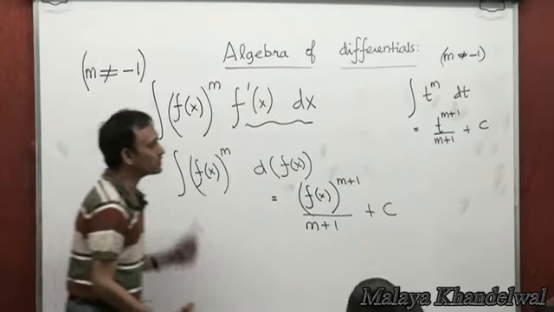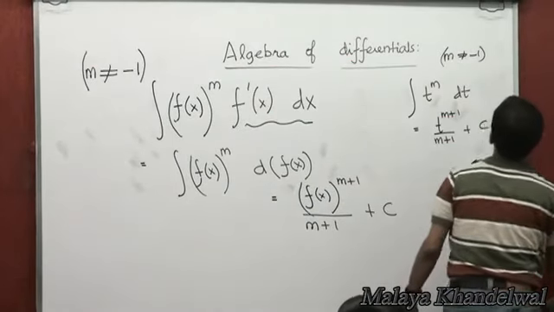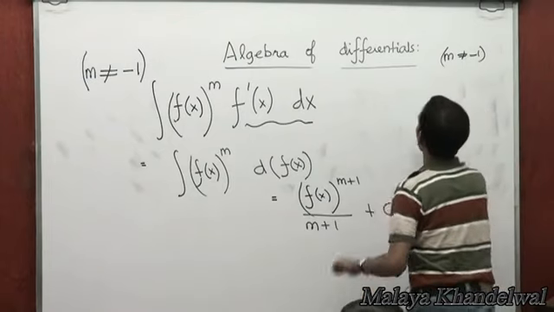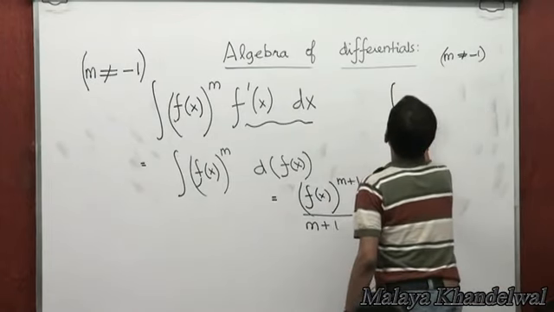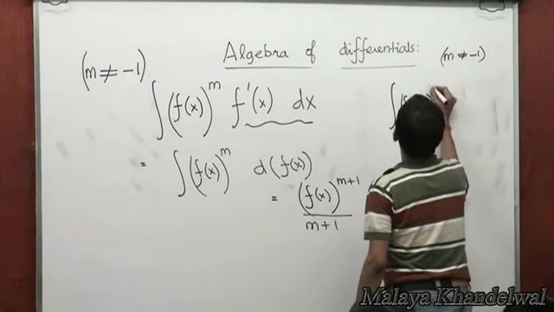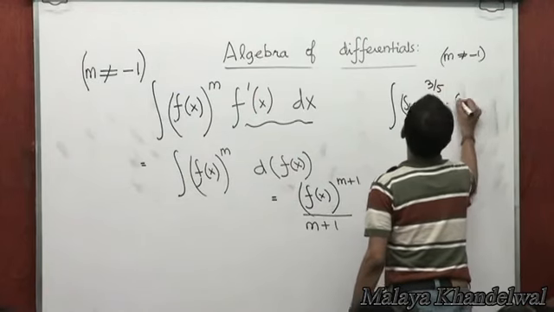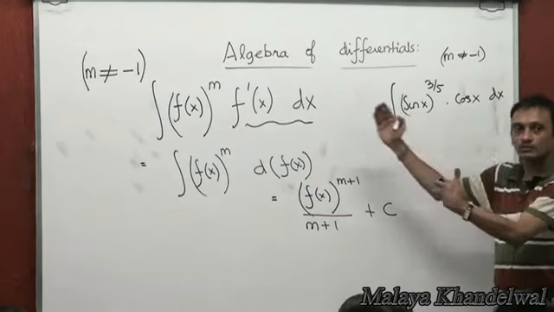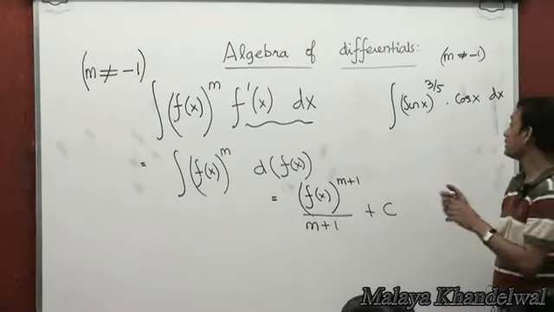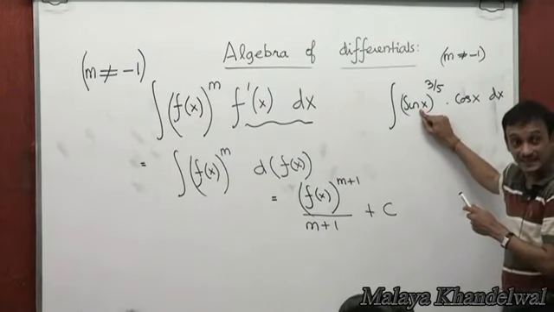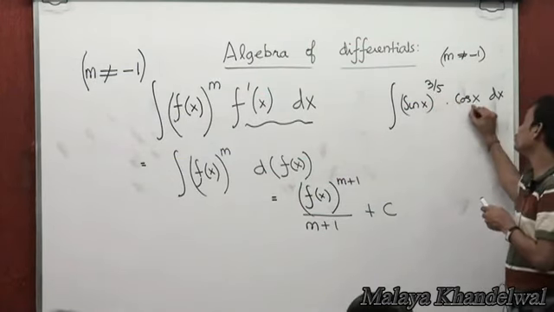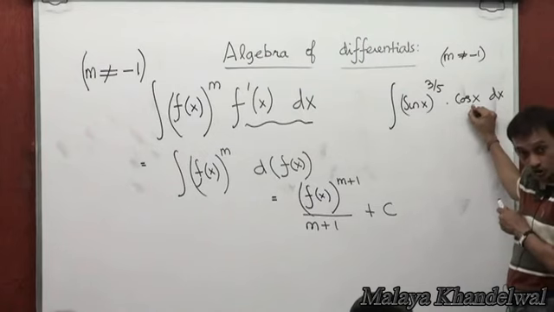Got me? For example, if I had the integral of sin x to the power 3 by 5 into cos x dx. Do you realize that this is the same template? The function is sin x, f(x) raised to the power m, which is 3 by 5, into the derivative of sin x, which is cos x.